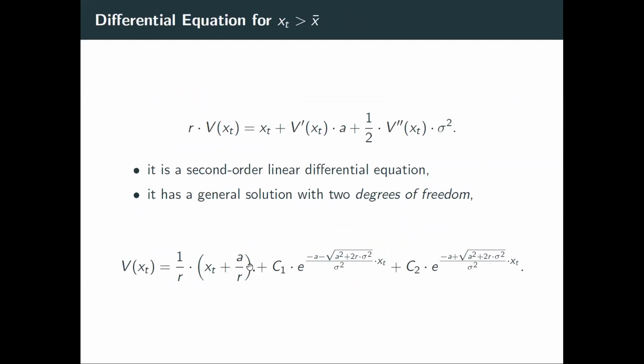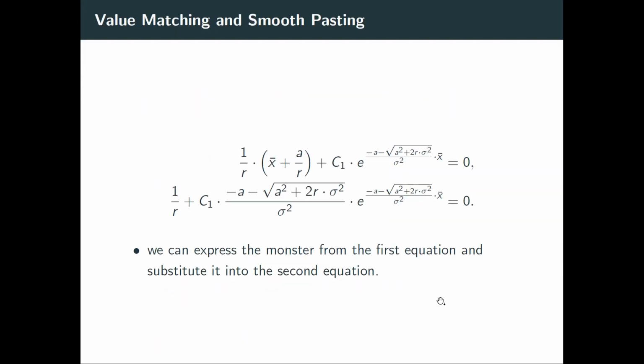Remember that our value function was like that, and we know now that C2 is equal to 0. So we have just these two terms. Exactly at x bar, this expression should be equal to 0. And also the derivative of the value function at x bar should be equal to 0 as well.